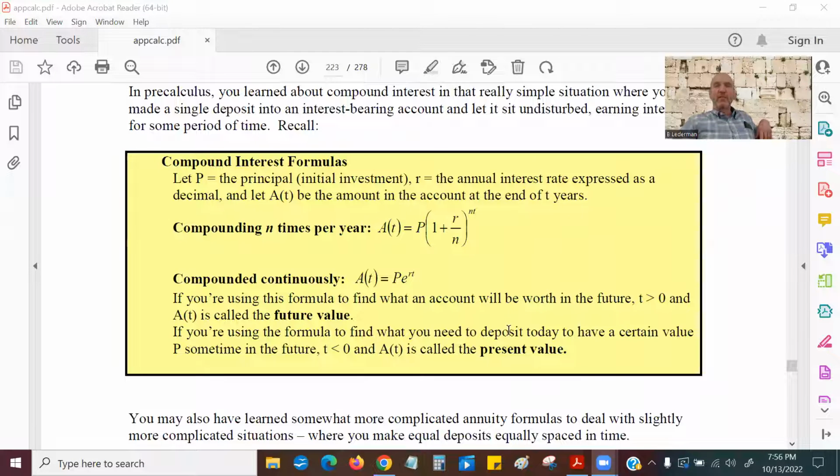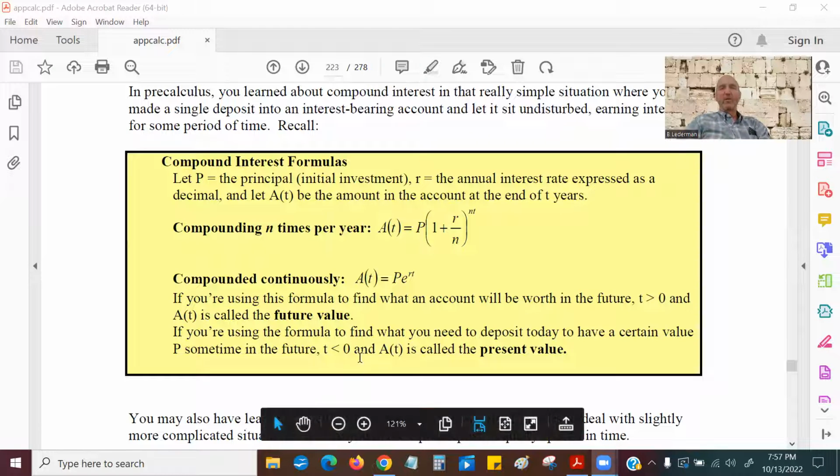Now, there's one part of this definition which I want to explain. I kind of glossed over it, but I want to explain it carefully. Here it says t is greater than 0 in the future value case, and t is less than 0 for present value. Time is less than 0, negative time. What does that mean? When we want to find the future value, we're saying right now is ground zero, and the future is when t is 2 years later, so t is going to be 2.